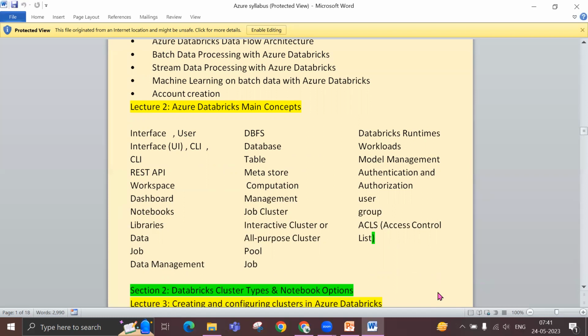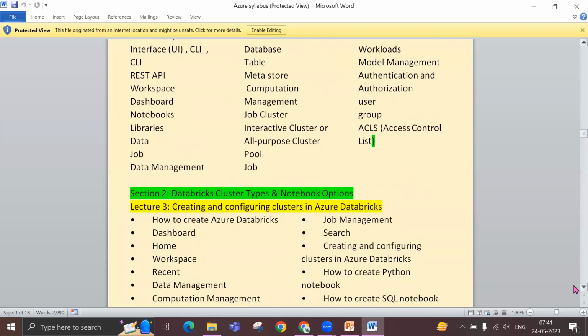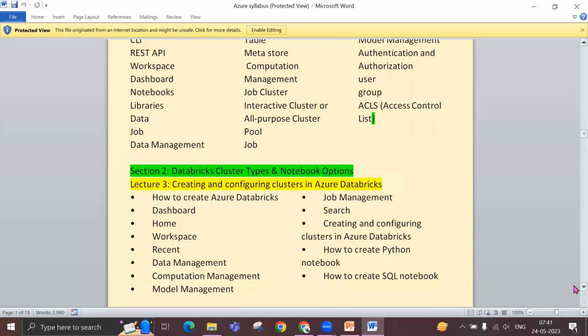And then we're going to discuss the cluster types. What are the different cluster types and notebook options? How exactly does the Azure Databricks engine work?